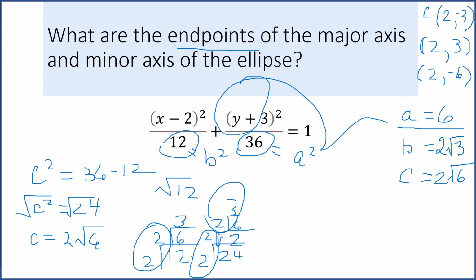Okay, now we're going to do the same thing for b squared. To find b, we got 2 square roots of 3. So we're going to add or subtract that to the x coordinate this time. These don't go together real nicely because one's got a radical and one doesn't. So it's going to be 2 plus 2 square roots of 3.